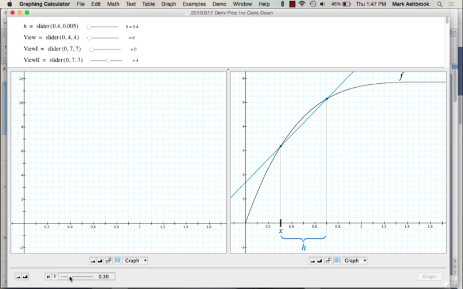I'll animate it for you. So what will it look like if you were to do that for every single x value? Now we're talking about the rate function, right? The approximate rate function.